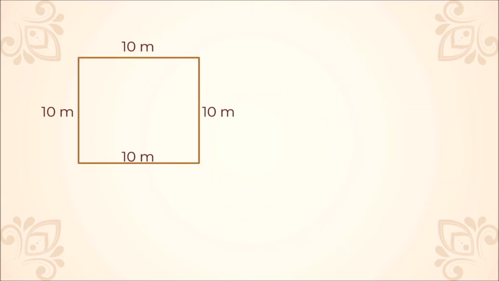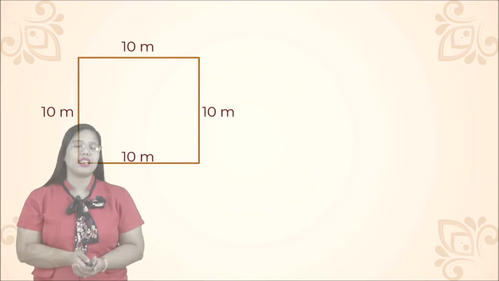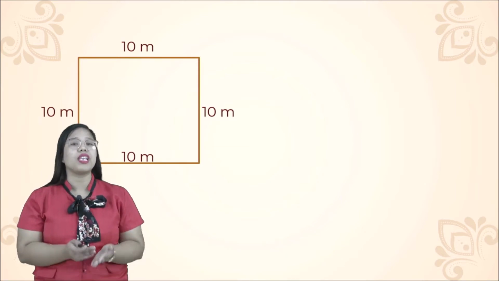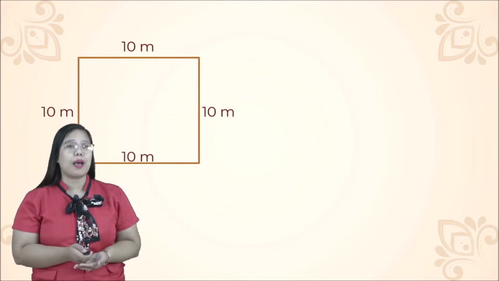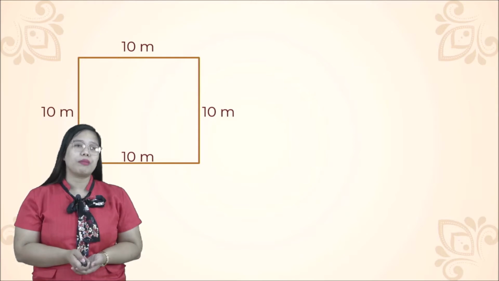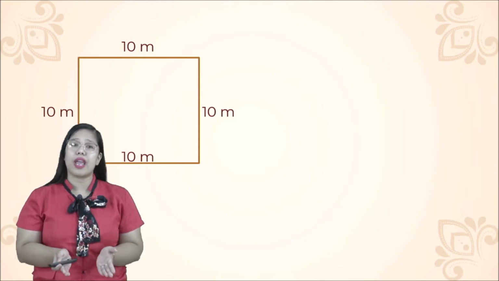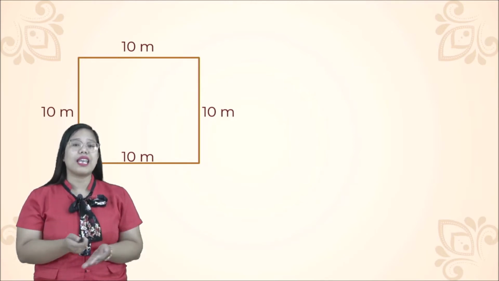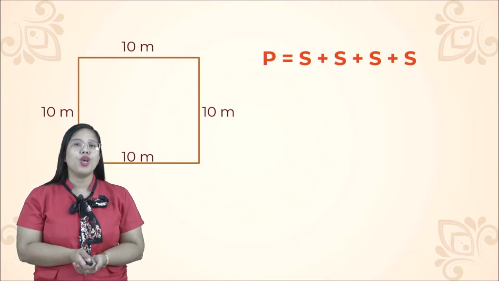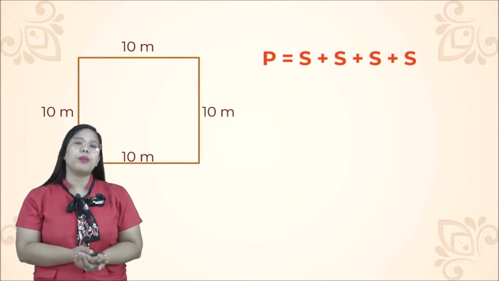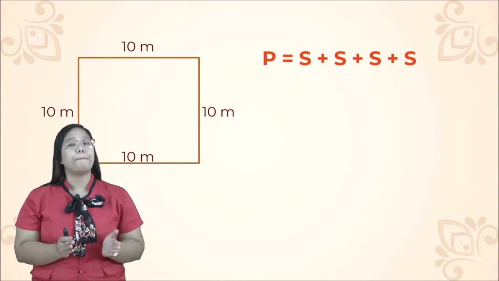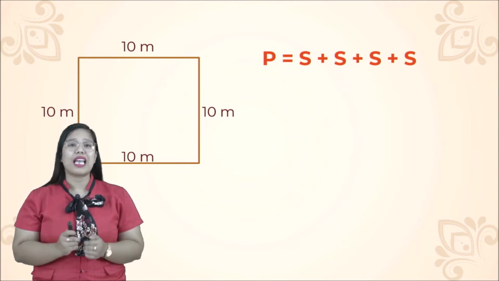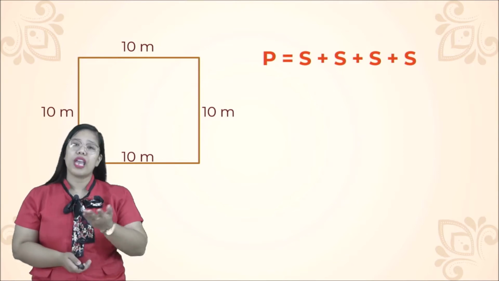So again, kids, we have an example of 10 meters. Our problem measures the square lot as 10 meters. As you can see, it is a square and all the sides are 10 meters. In finding the perimeter of a square, we have a formula of P, where P stands for perimeter, and we add all the sides.